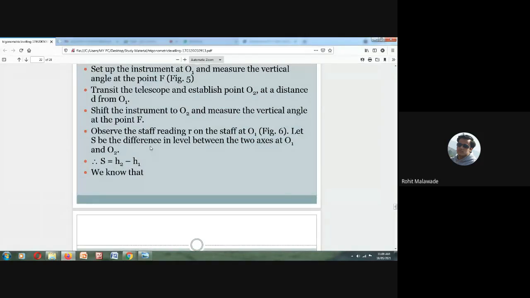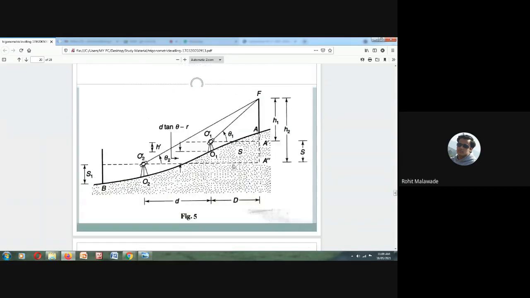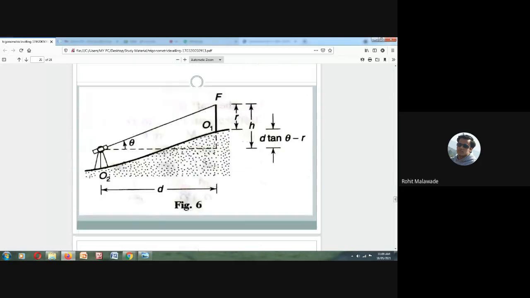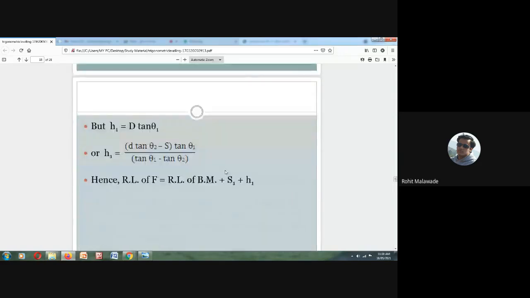Then observe the staff reading R on the staff at O1. We are going to fix this position and take the staff reading at O1.